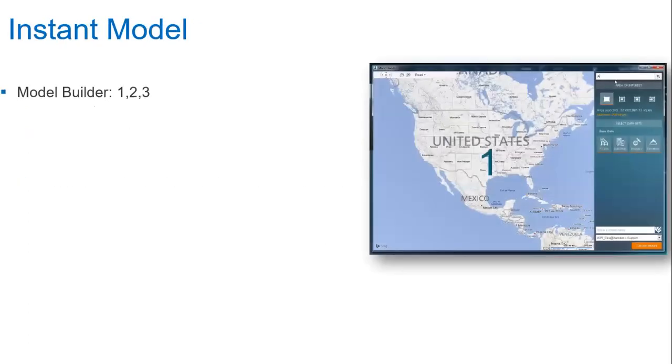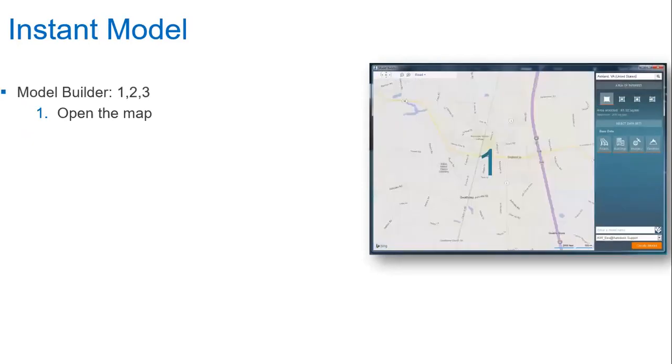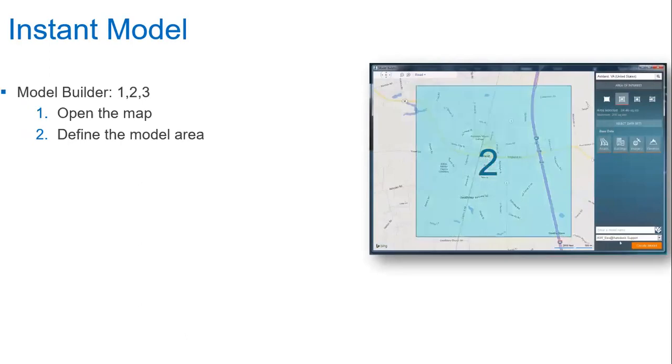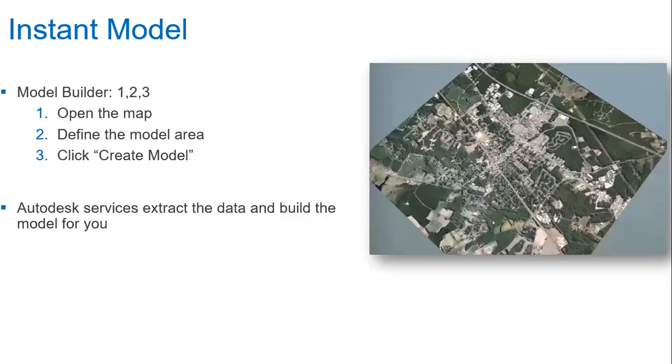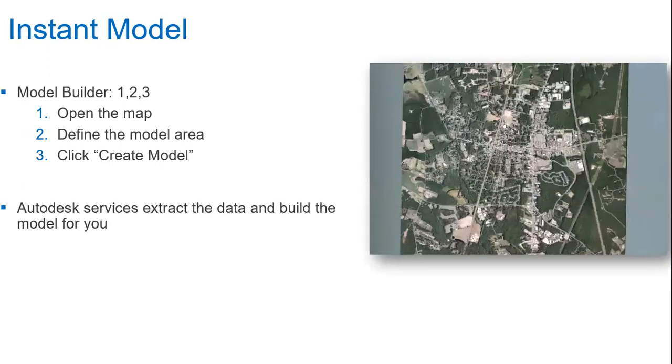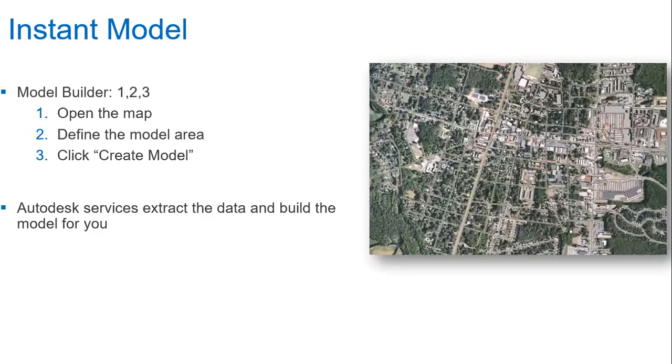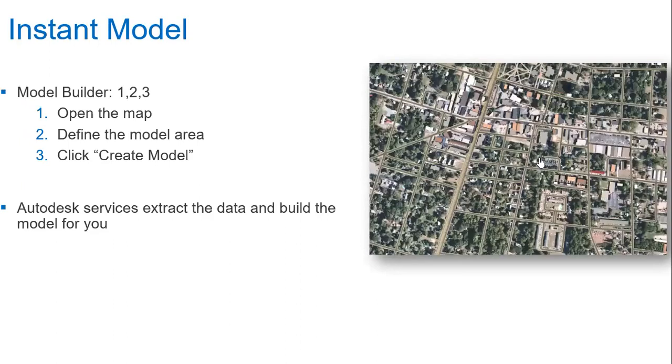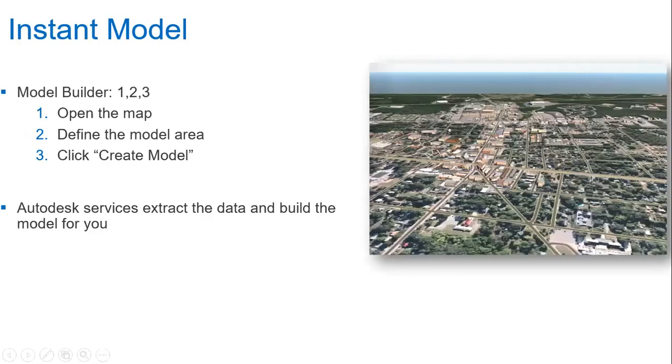So we'll go ahead and look at Infraworks and notice that it's just a click and you are able to create your model using the model builder. So what you do is just open them up and you're able to search for a particular area of interest, and you should be able to define the boundary of that particular area of interest.